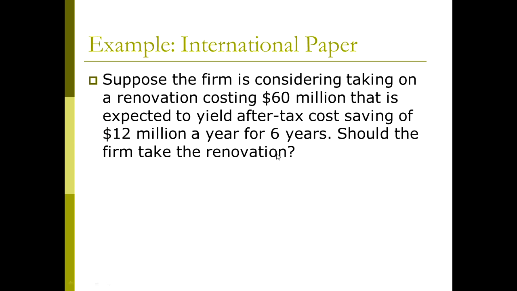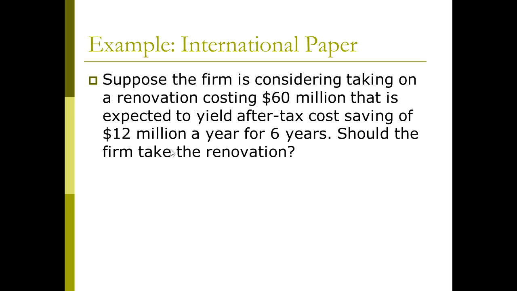Now suppose the company is considering taking on a new project. The project will cost $60 million, and each year it will generate cash flow of $12 million for 6 years. So the question says each year it can save $12 million. If you can save $12 million, that is equivalent to a $12 million cash inflow, right?